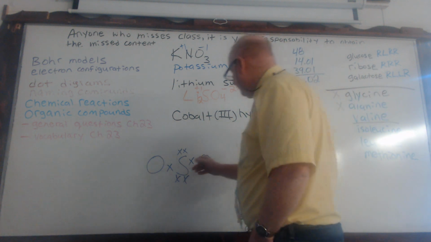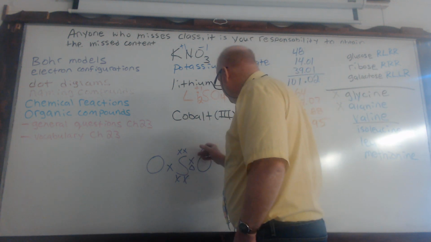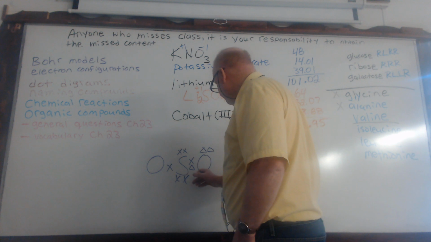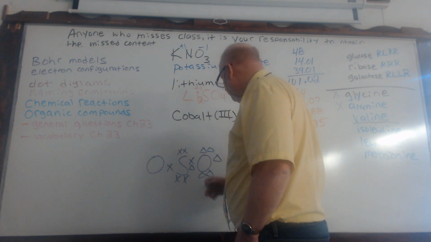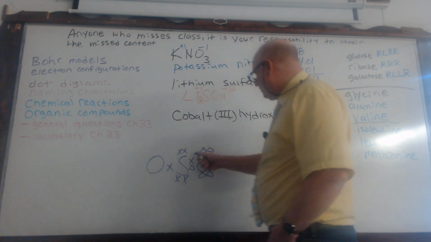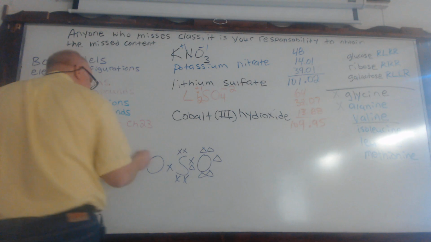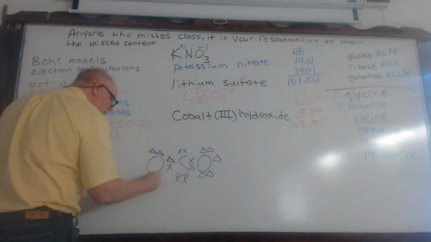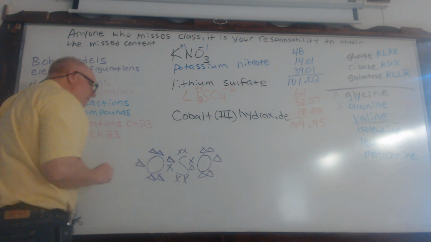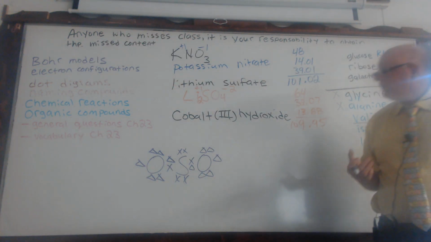That's still 6 valence electrons, so we use triangles here. They're supposed to look like triangles. Maybe they really don't, but they're supposed to be. Okay, so if you put 6 triangles on this oxygen, logic would say we have to do the same thing here. Okay, so we've taken care of 2 of those oxygens.